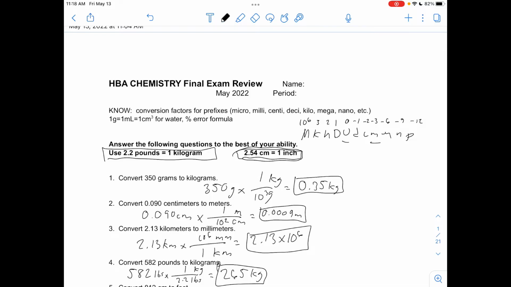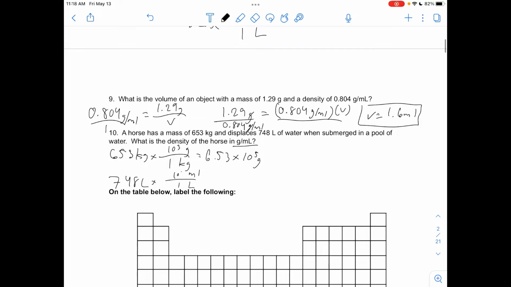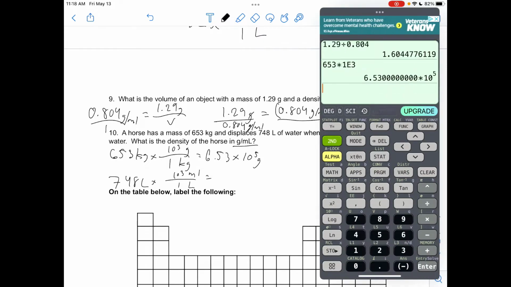Liter is a base unit. So 0 to -3, that's 10 to the power of 3. So that would be 7.45 times 10 to the 5th milliliters.